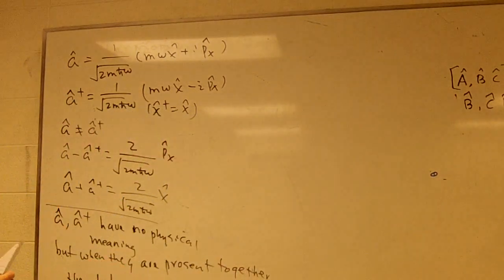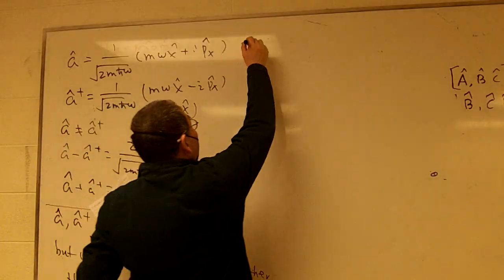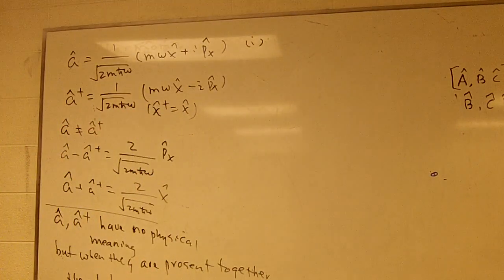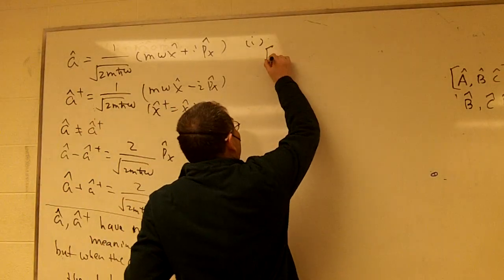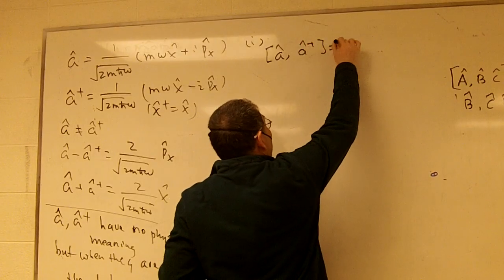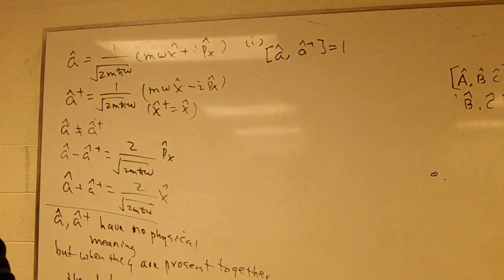You can also prove a very important relation: a hat, a dagger commutator equals 1. You can rigorously prove this in class.